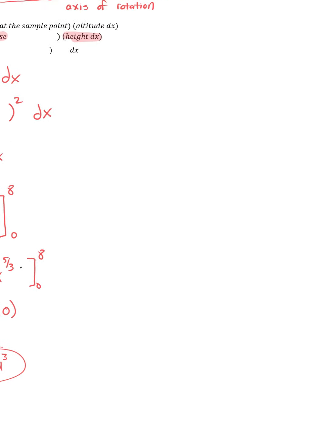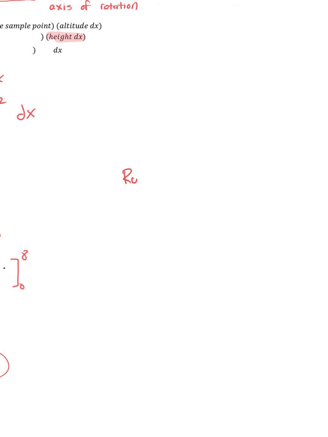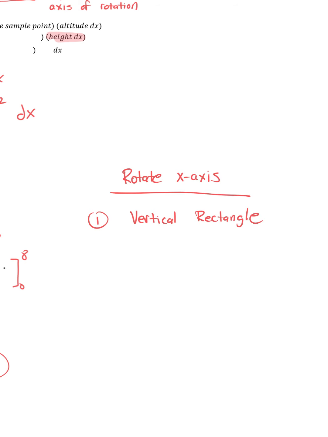Let's review. When we rotate along the x-axis, here's what we keep in mind. We want a vertical rectangle because it has to be perpendicular to the x-axis. So here is our rectangle. It's a vertical rectangle, so our radius is y.